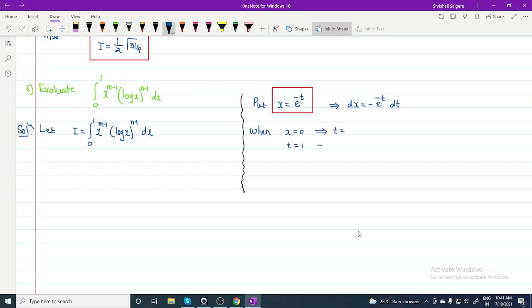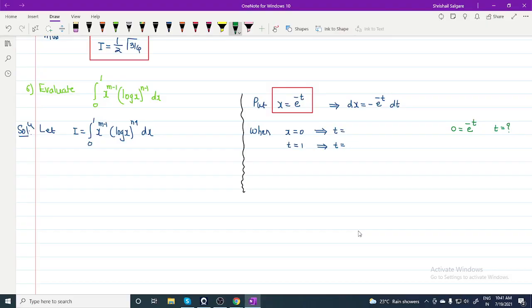I will wait for your response. When x is equal to 1, what is the value of t? For your understanding, I will do the rough calculation. 0 is equal to e to the power minus t. Then what is t? Yesterday we saw that standard result.